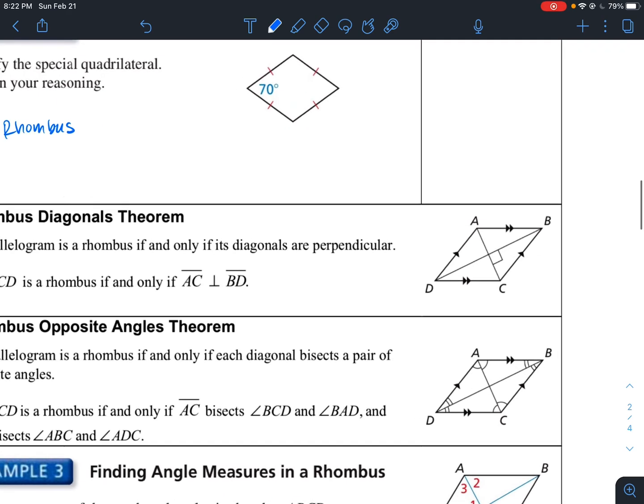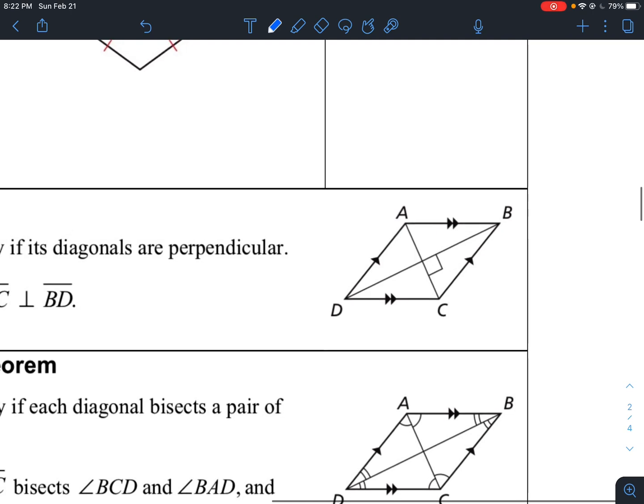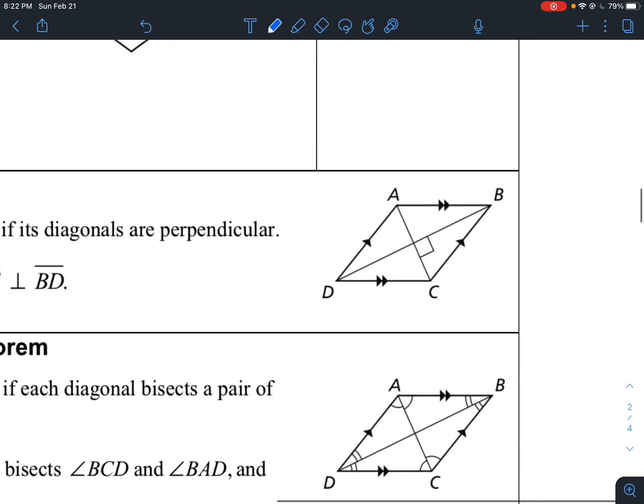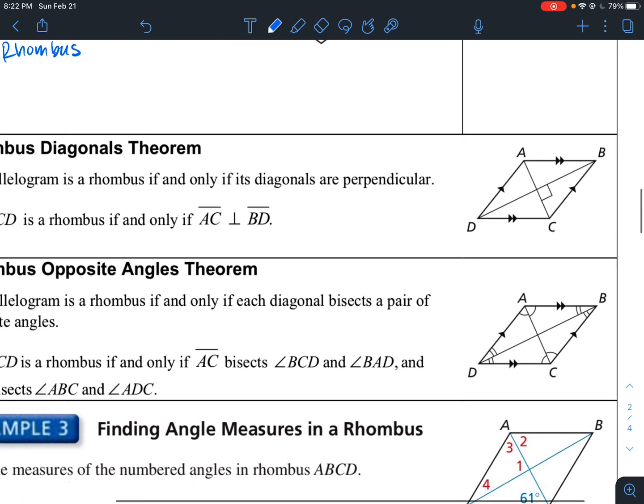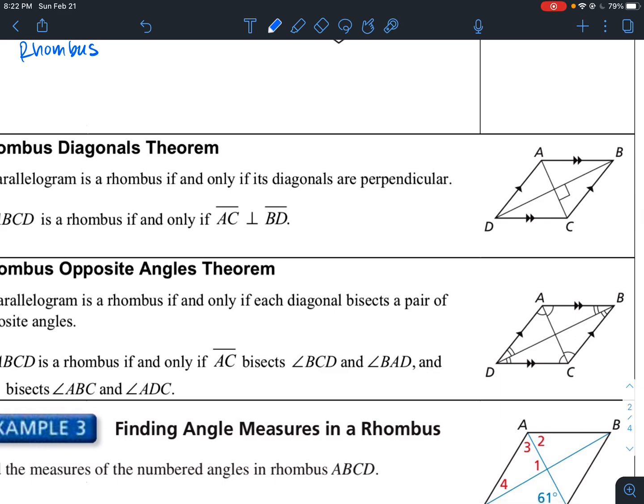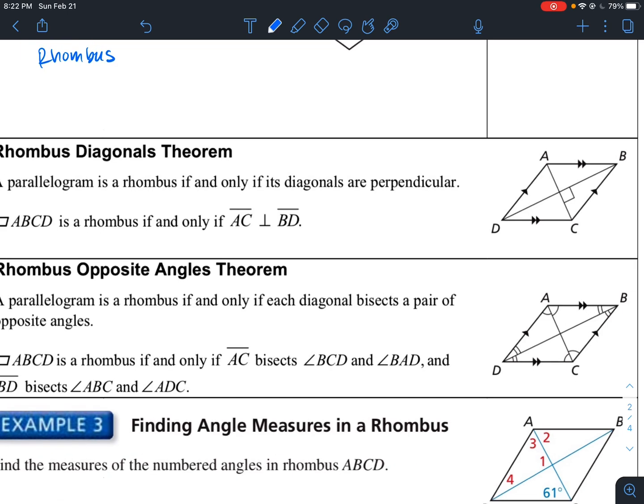So right here in this rhombus, a rhombus will always have its diagonals perpendicular to each other. So not every parallelogram will have this, but every rhombus will have this. This will be true for any rhombus, okay?